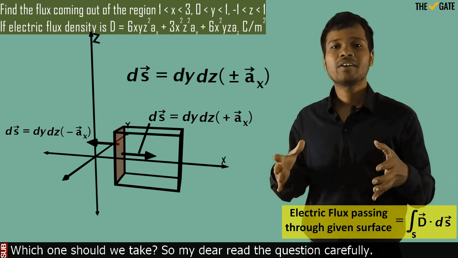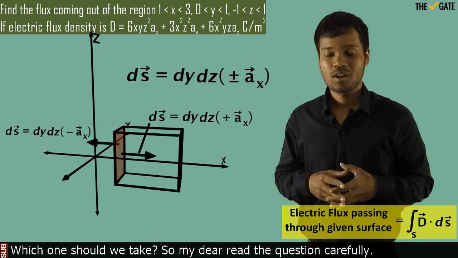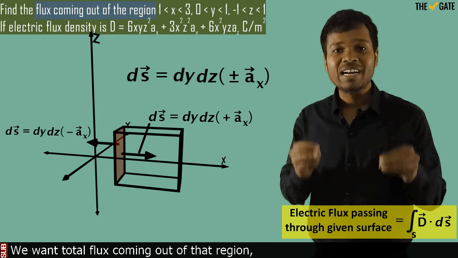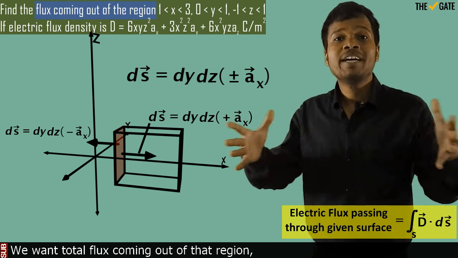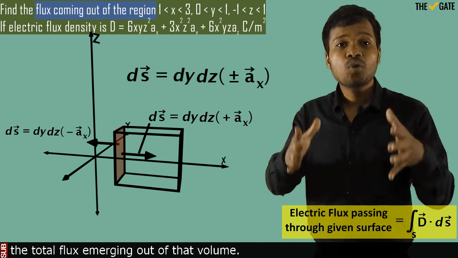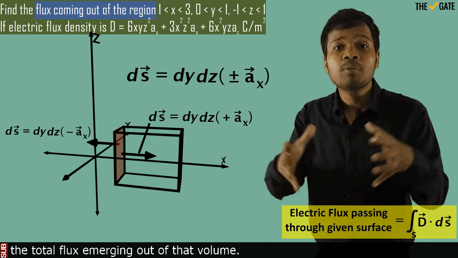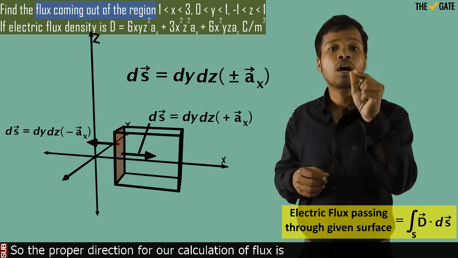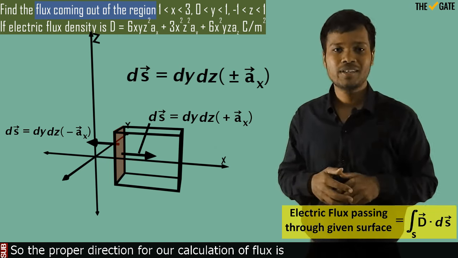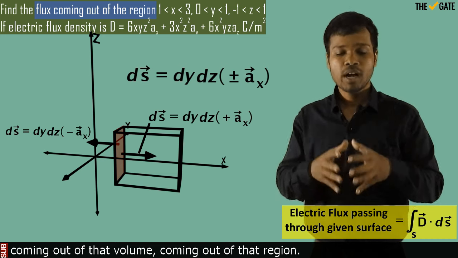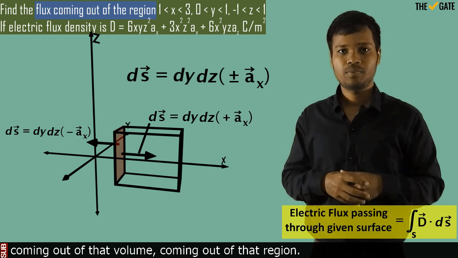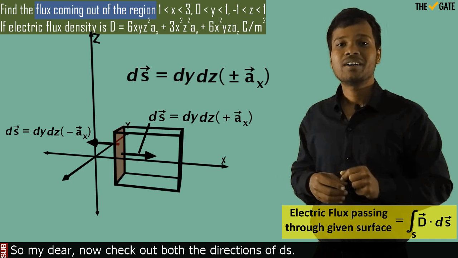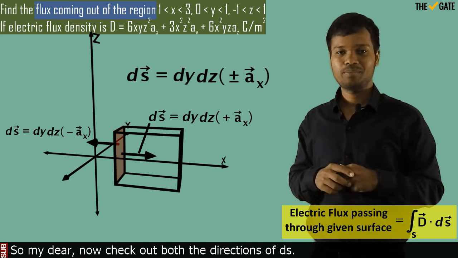So my dear, read the question carefully. We want the total flux coming out of that region, the total flux emerging out of that volume. So the proper direction for our calculation of flux is coming out of that volume. Now check both directions of ds.